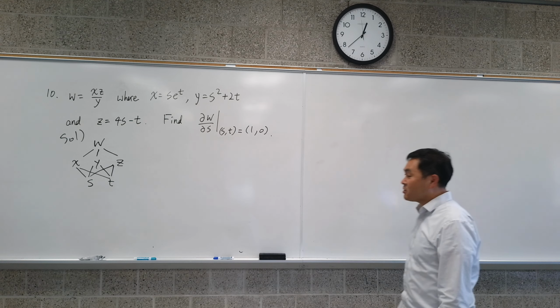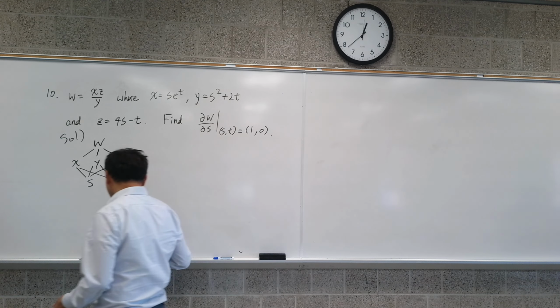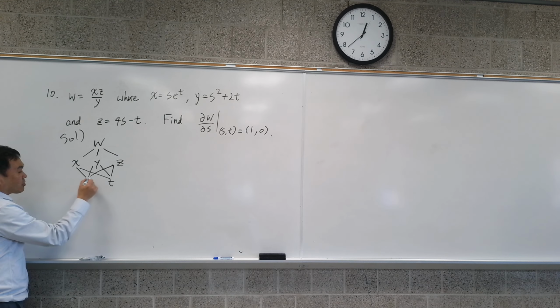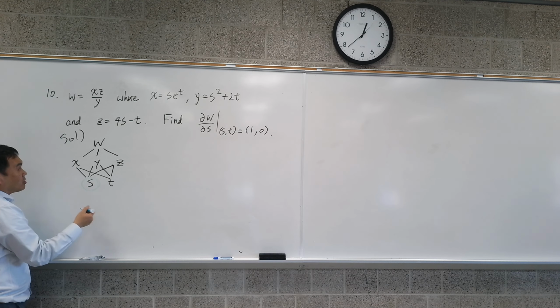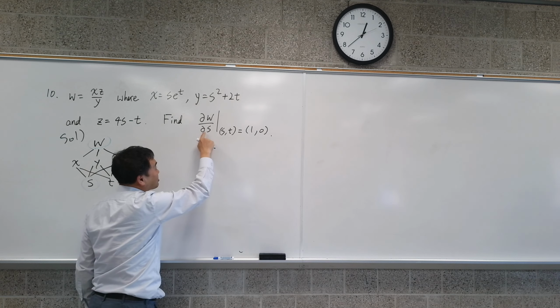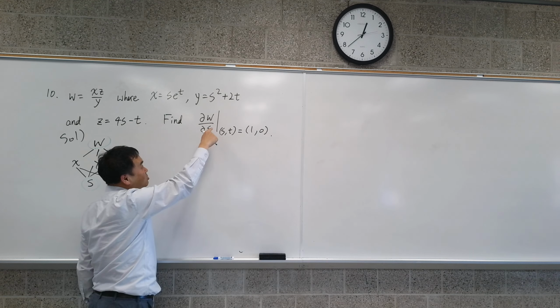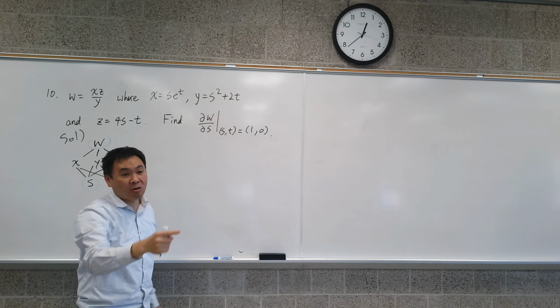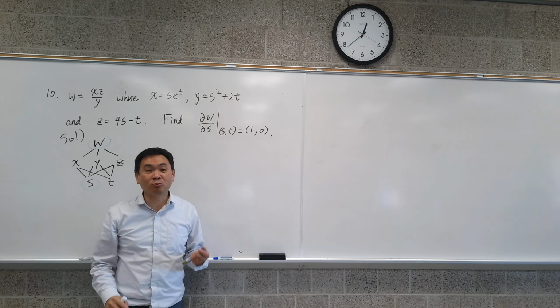So in this dependence diagram, you're going to look at the pathways where the change of a variable affects the change that you're trying to look at. So what does this mean? This means you want to know how W changes when you change S, right? After all, derivative has the meaning of rate of change.